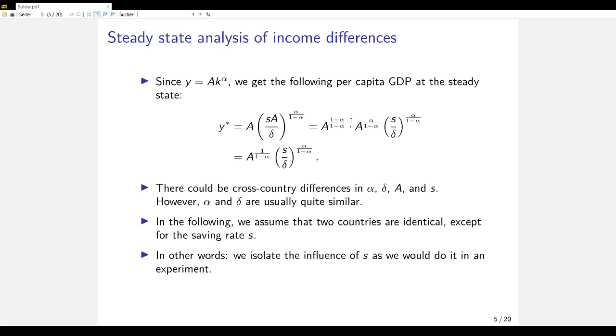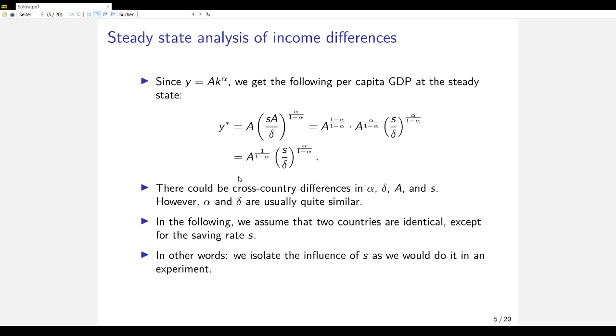So then we can just simply add up exponents here, and we get A to the power of 1 over 1 minus alpha, because this alpha and this alpha here cancel out, and we have this expression remaining here, the saving rate over the rate of depreciation to the power of alpha over 1 minus alpha. So that's now per capita GDP of a country at the steady state.